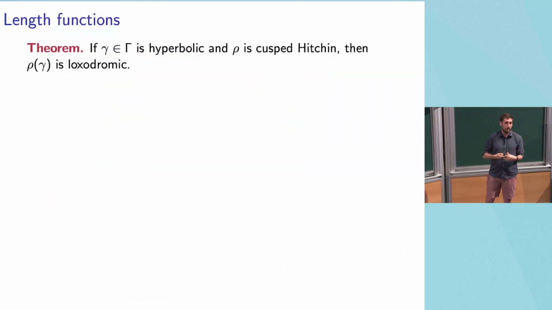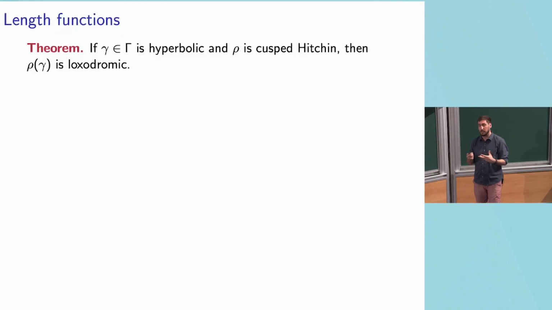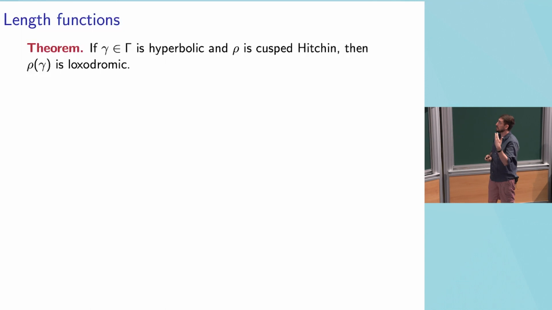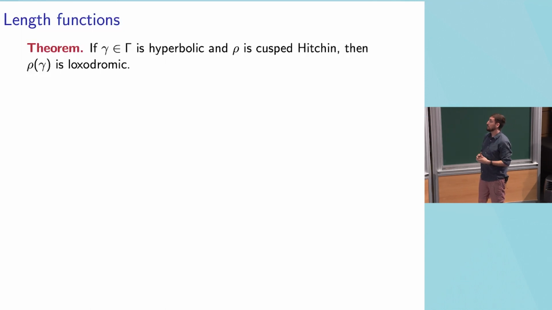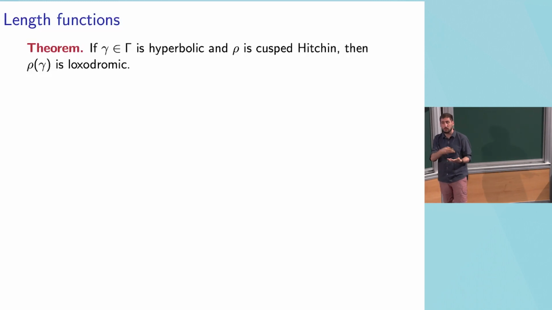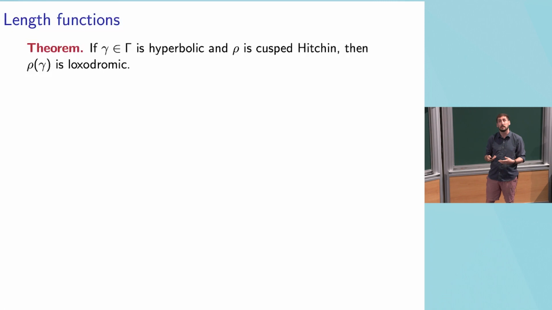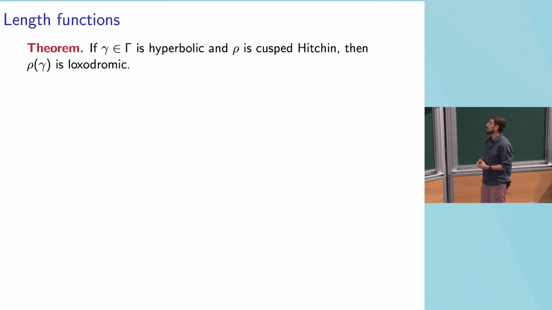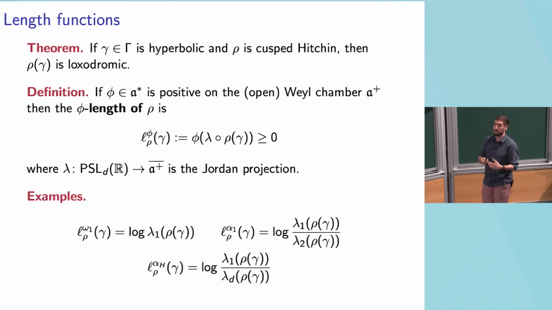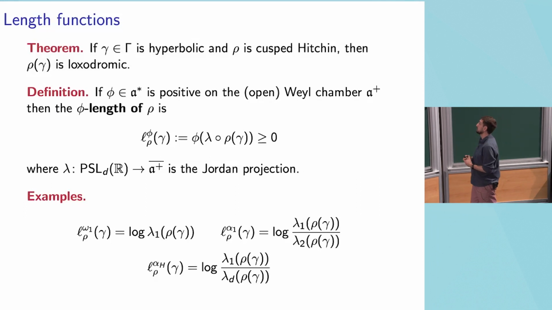These cusped Hitchin representations, again, are not Anosov, but they have very nice structure. For instance, every time I take a hyperbolic element in gamma and look at a cusped Hitchin representation, I know that rho of gamma is loxodromic, meaning it has eigenvalues of distinct moduli. And so I can do what Andres did and define length functions for such an object. I recall that briefly.